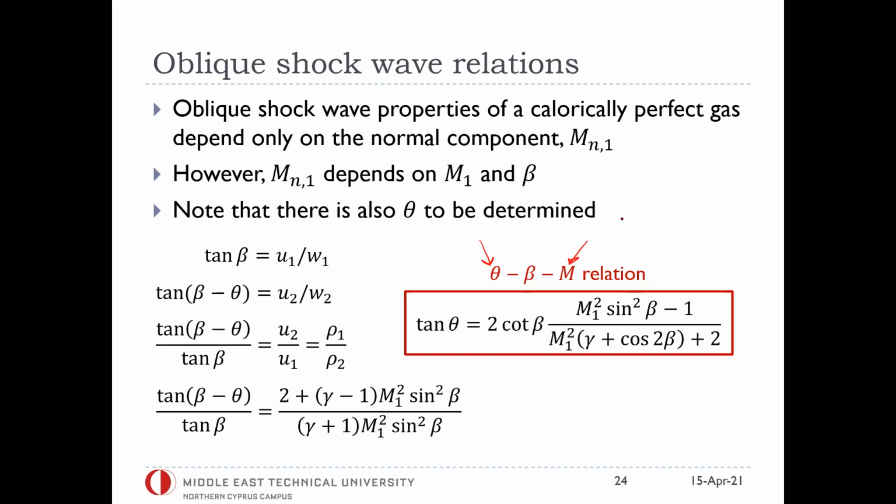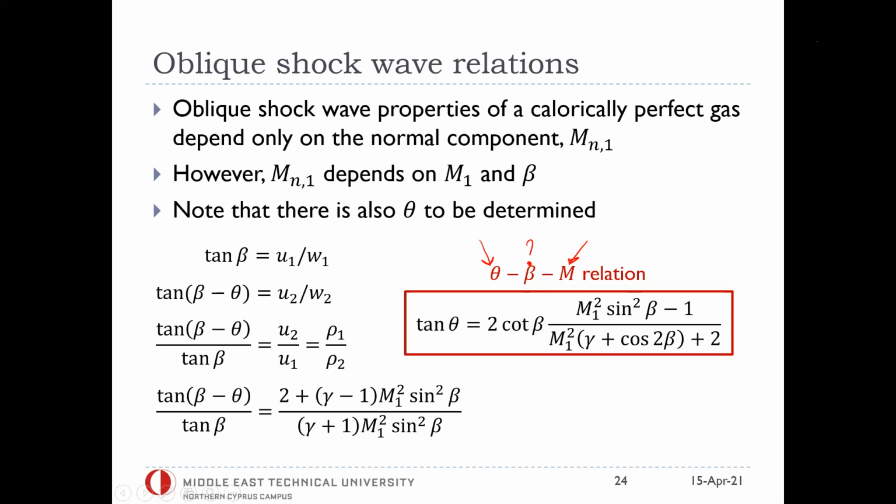Beta is unknown. Once beta is known, then we can calculate the normal component value at the inlet, M N1, and then apply the normal shock wave relation to find M N2. And then if we know theta and beta, we can calculate M2.